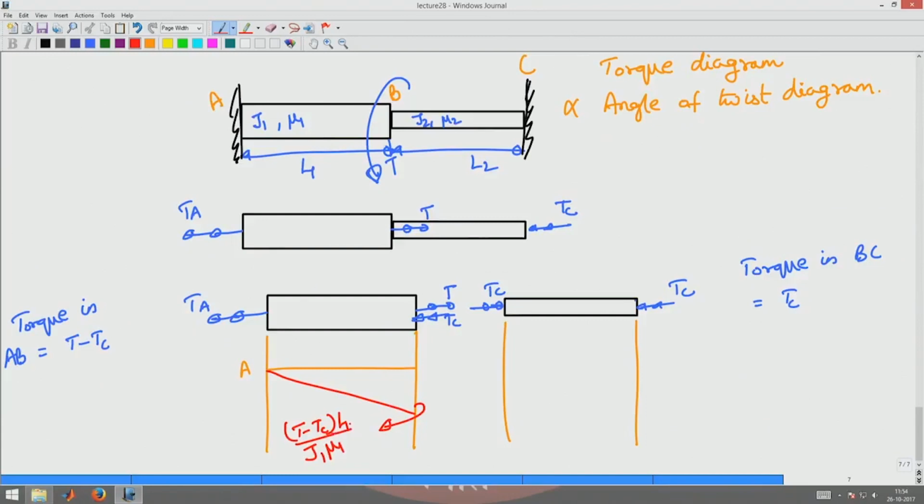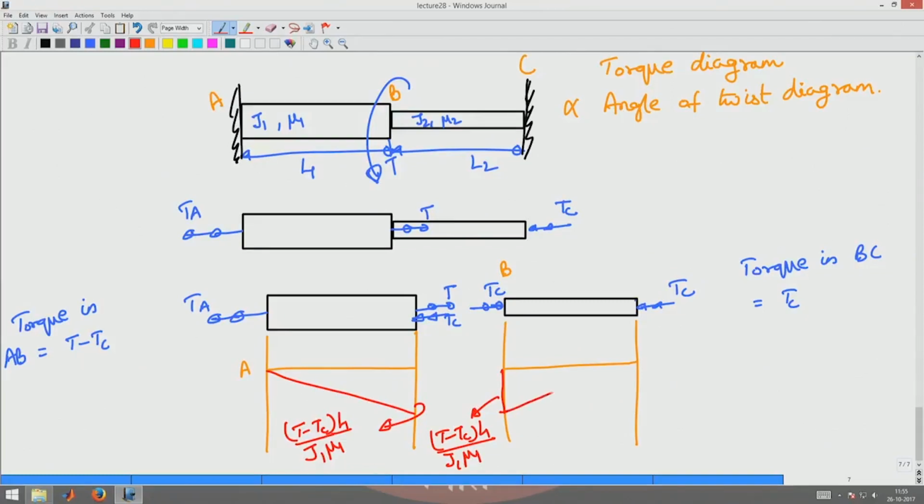Okay. And now this end is fixed. So in this section, the angle of twist at the end B is the same as this value, T minus Tc times L1 by J1 mu 1, and then this Tc is opposing that angle of twist. This angle of twist is anticlockwise, Tc causes clockwise rotation.